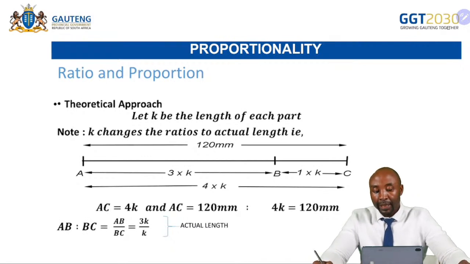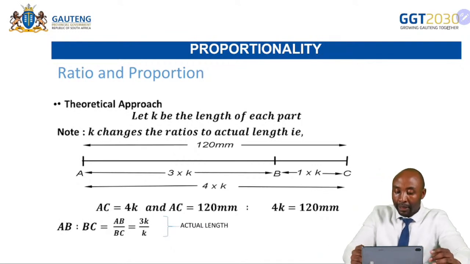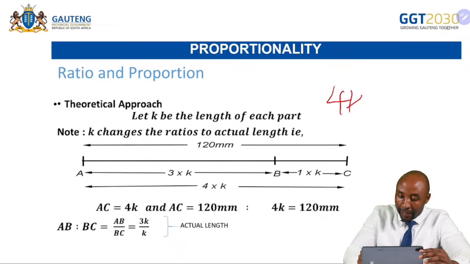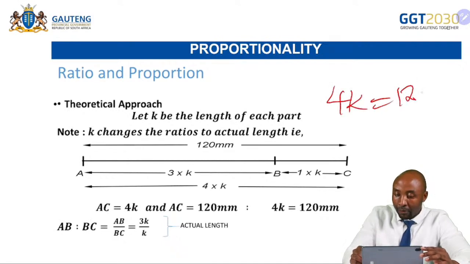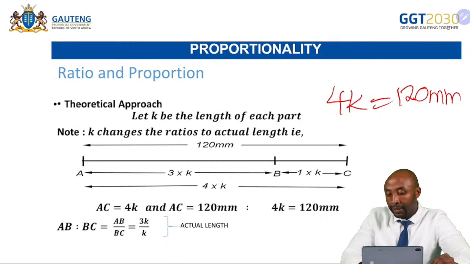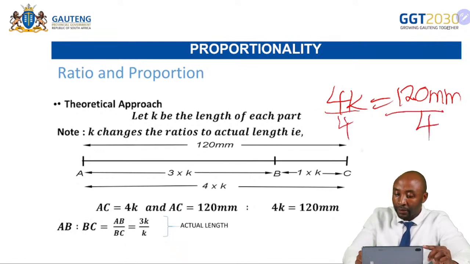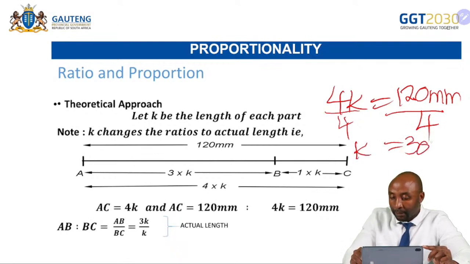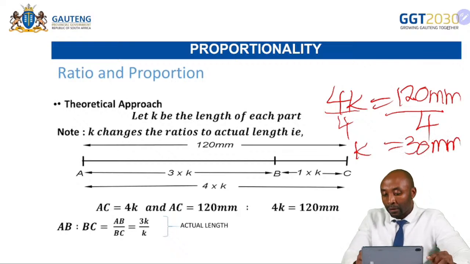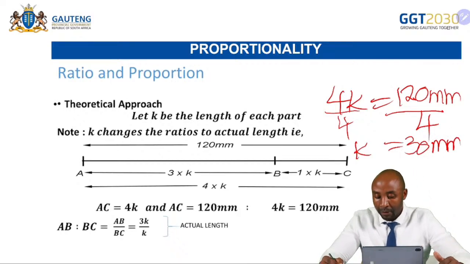And you will realize that if you are to use ratios, we are going to equate 4K to 120 millimeters. And then if we want to find the value of K, we are going to divide both sides by 4. And we are going to get our K as 30 millimeters. So we are going to use this concept a lot as we are answering questions moving forward.